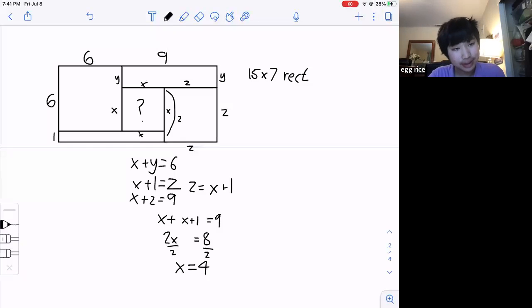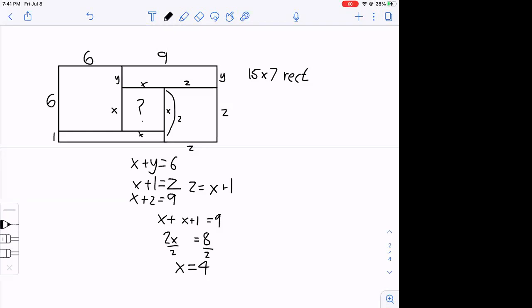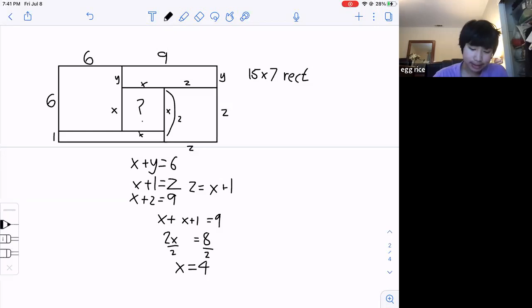Ms. says that she has a question. What is your question? I just don't understand about x plus y equals 6. Oh, x plus y equals 6.